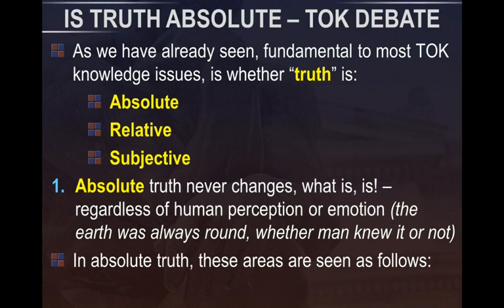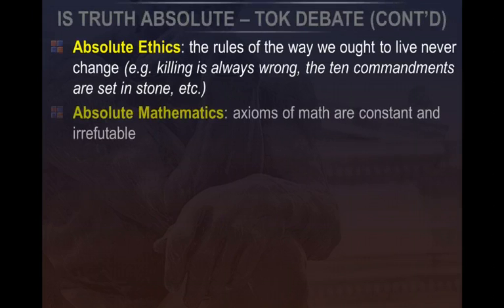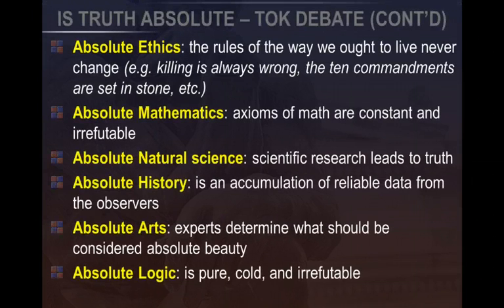So if there's an absolute truth, then what does that imply? So here's some implications. Ethics is absolute. So the rules we live our life by are never going to change. Ethics doesn't change. Killing is always going to be wrong.